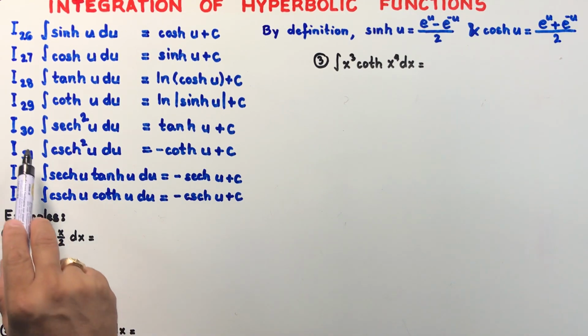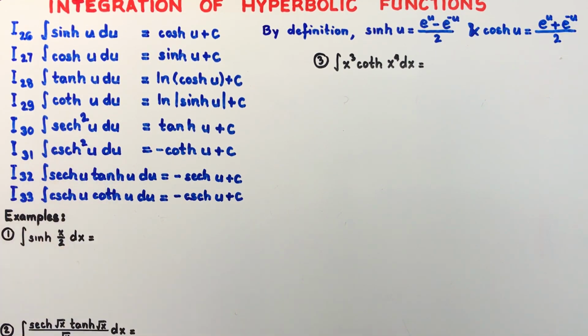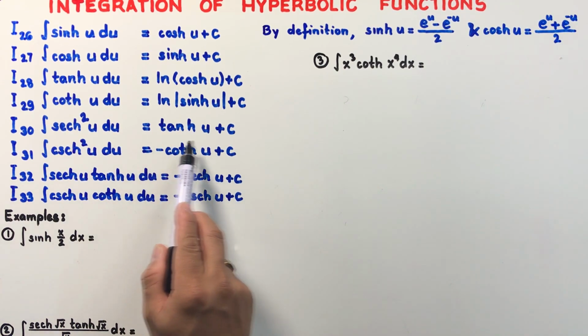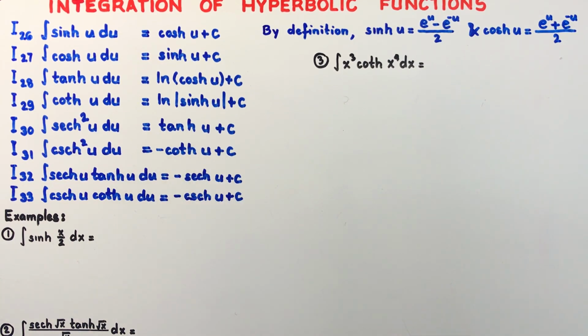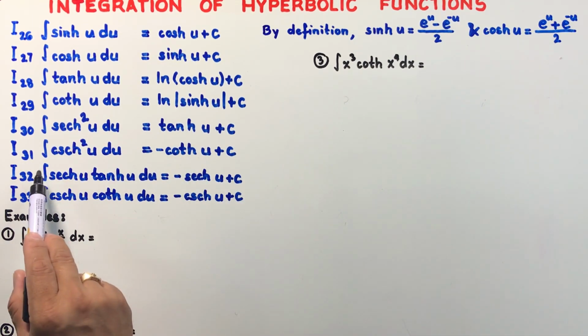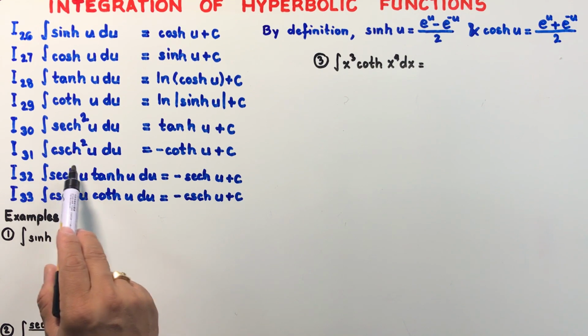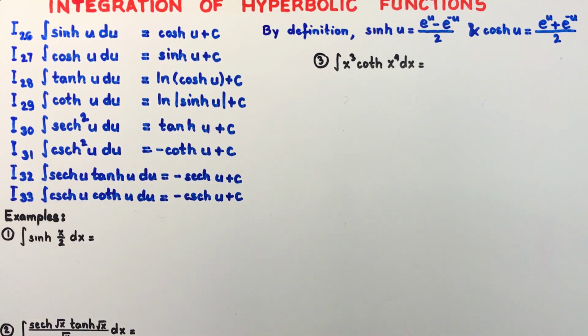And then we have the integral of the hyperbolic secant squared of u du, which is equal to the hyperbolic tangent of u plus c. And also the integral of the hyperbolic cosecant squared of u du, which is equal to the negative hyperbolic cotangent of u plus c.